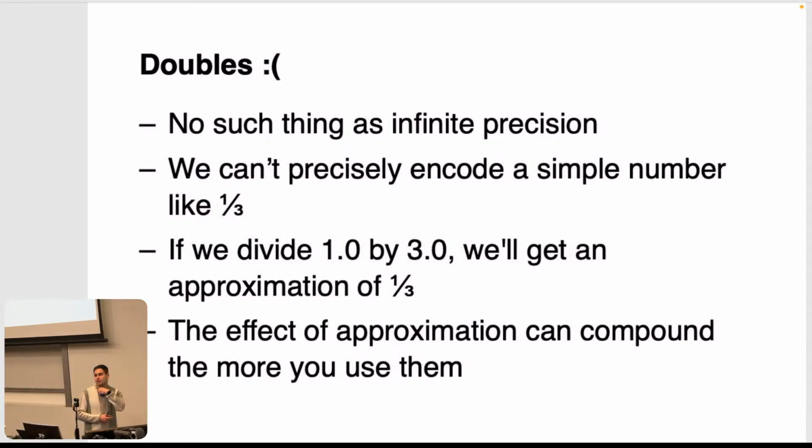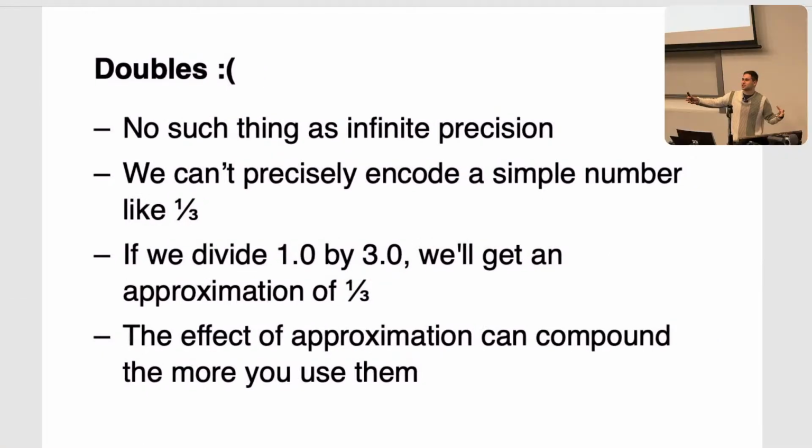Another thing that causes huge amounts of pain to programmers is floating points, is doubles. Because there's no such thing as infinite precision in computing. There is in mathematics, but not in computing. We can't store infinite precision of a floating point.